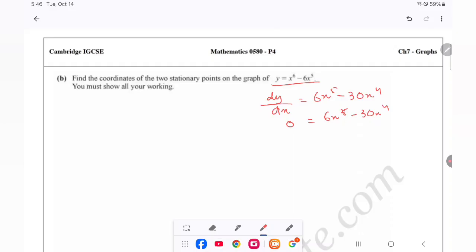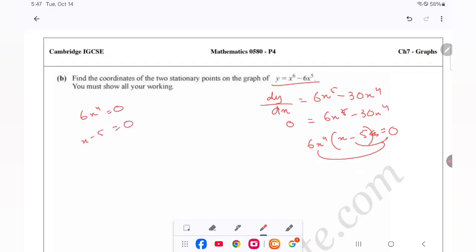Now take 6x to the power 4 common. It will leave only x minus 5, equal to 0. Now this term equals 0 and this term equals 0. So 6x to the power 4 is equal to 0 and x minus 5 is equal to 0.